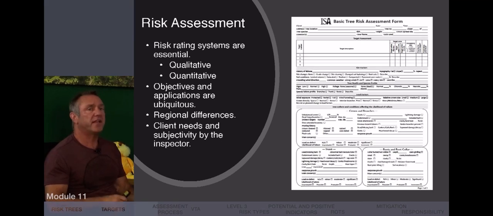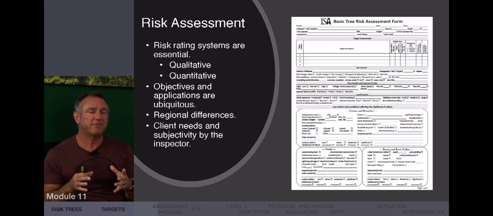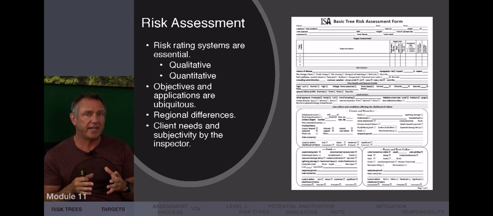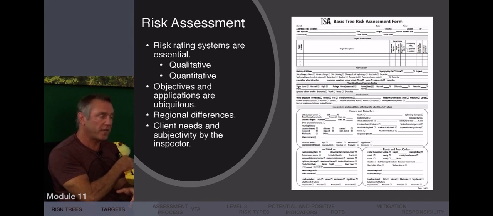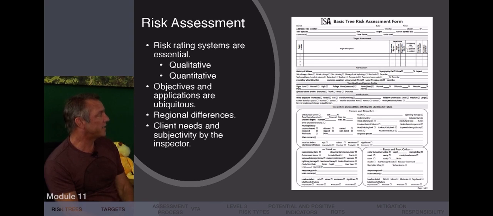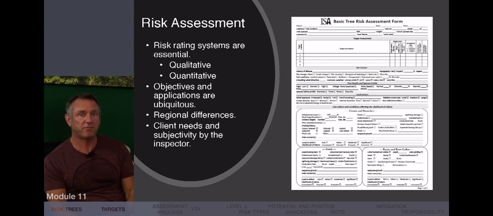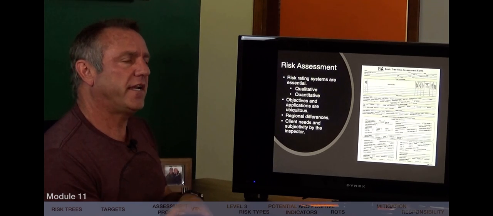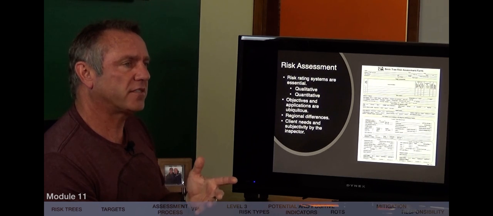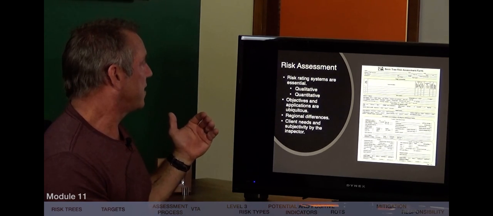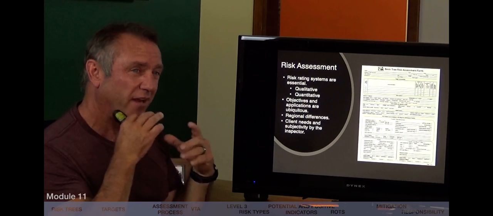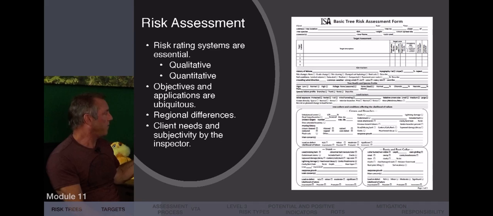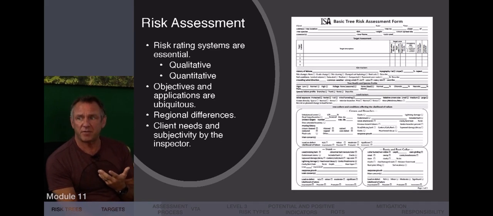Everything that we identify and collect as data in the tree risk assessment process is placed on the ISA Basic Tree Assessment Form. All the data collected in the tree risk assessment process is collected on forms in order to get a risk rating system. There are various methods available to us.